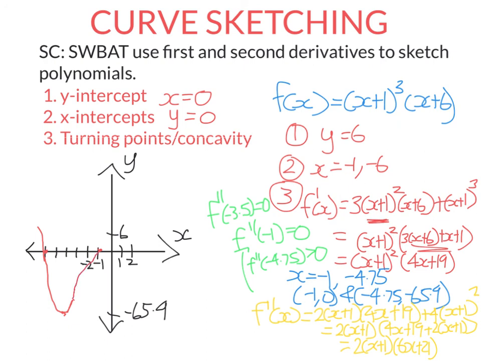It will hit this point. This is a point of inflection. That is, minus 1, 0 is a point of inflection, and it's stationary, so it will then change concavity again. It will go back up to looking like a smiley face, and it will go through the intercept like that. So that is the graph of f(x).